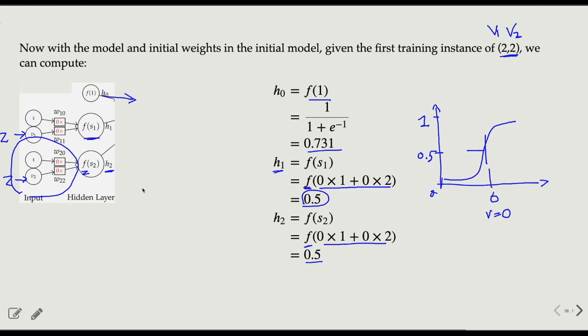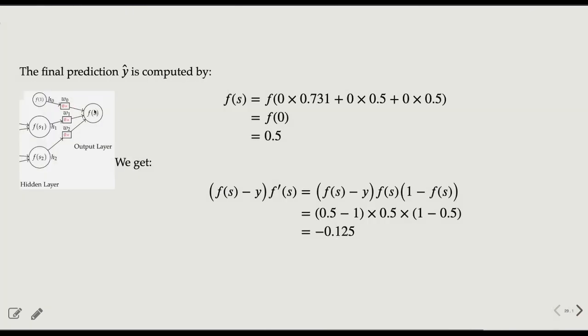Okay, so we have the values from the input layer. Now we can feed the hidden values into the output. Again, for the output, the S, the sum, is the weighted sum of the hidden values. So H0 is 0.731 times W0, which is 0.